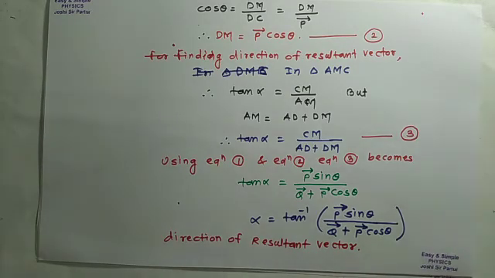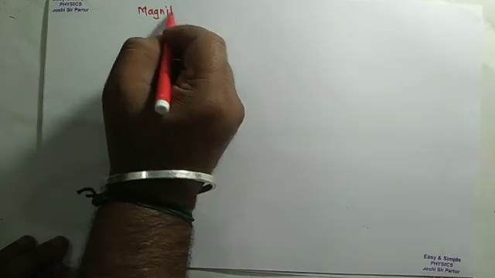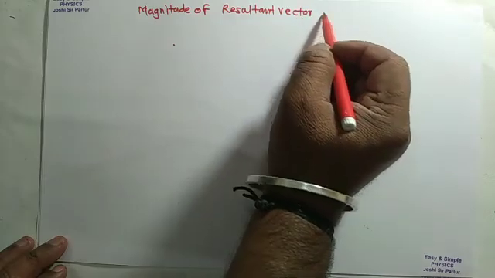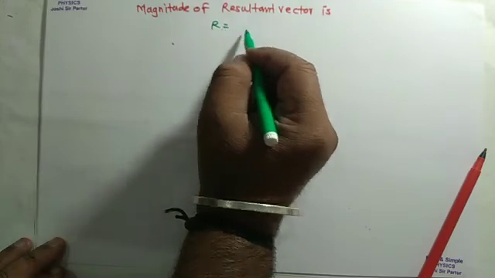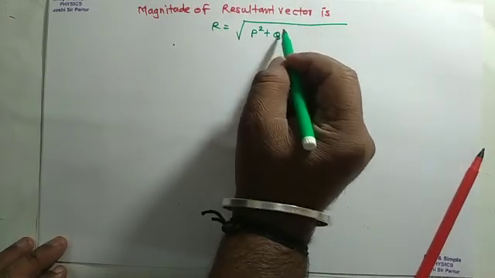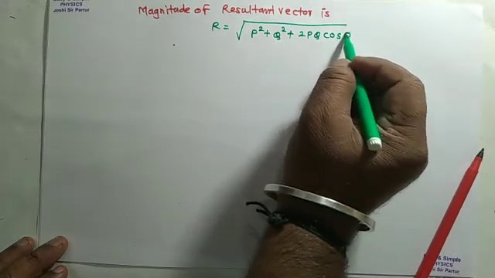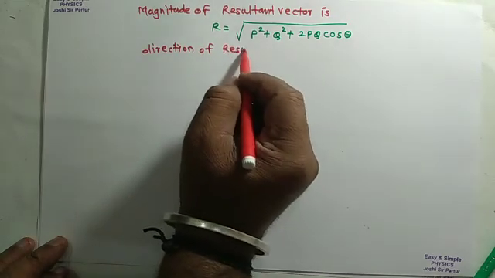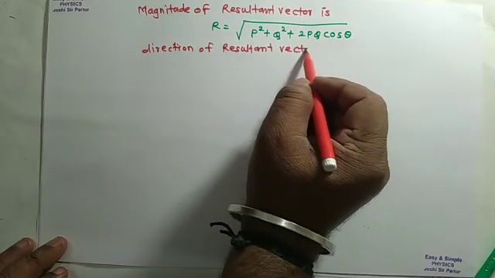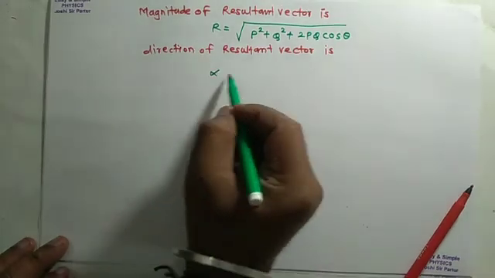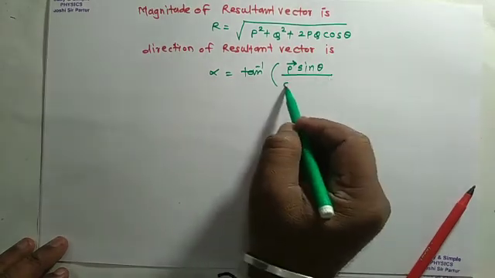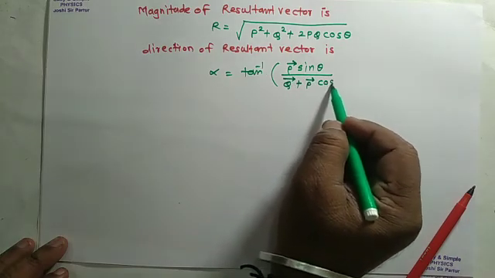Using these two points, magnitude as well as direction, we can write: the magnitude of the resultant vector is r equal to square root of p square plus q square plus 2pq cos of theta, and the direction of the resultant vector is alpha equal to tan inverse of vector p sin theta upon vector q plus vector p cos theta.